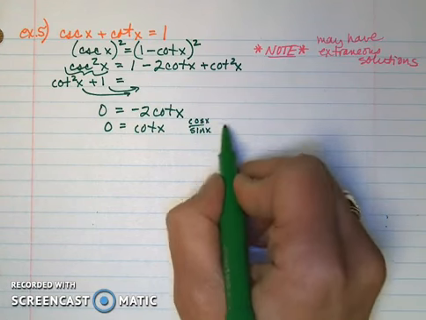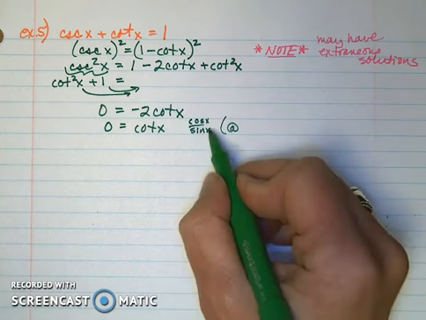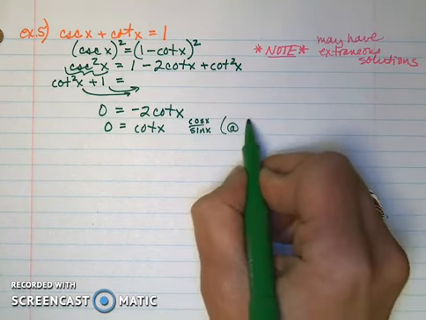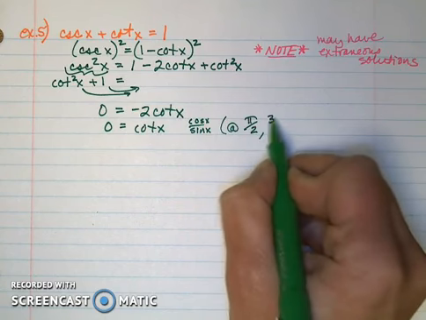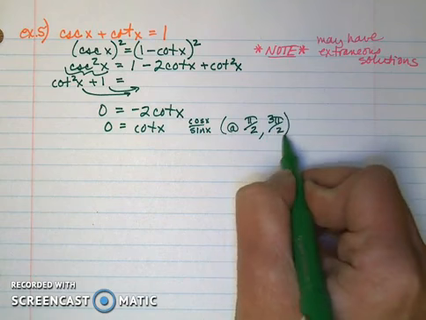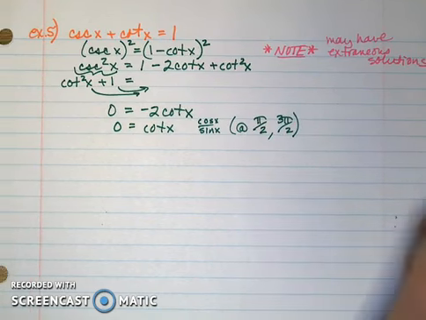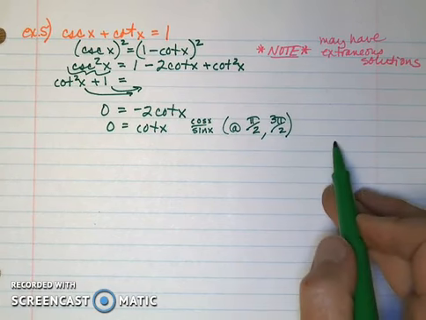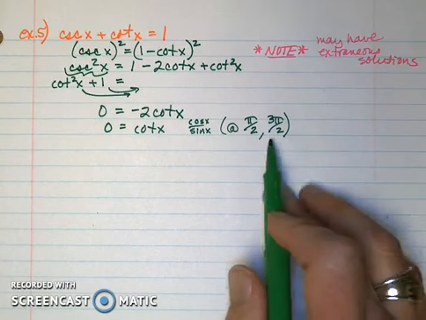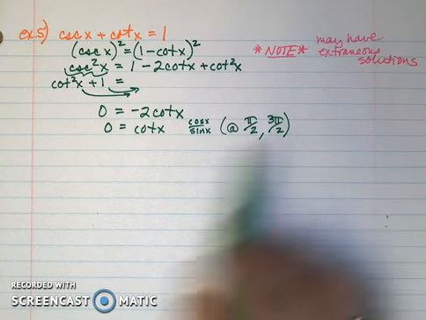Well, that's going to happen at pi over 2 and 3 pi over 2. Right? So instead of just saying both those answers, I need to check both of them. I can't just say x equals and move on. I need to check both of those. So I'm going to check.